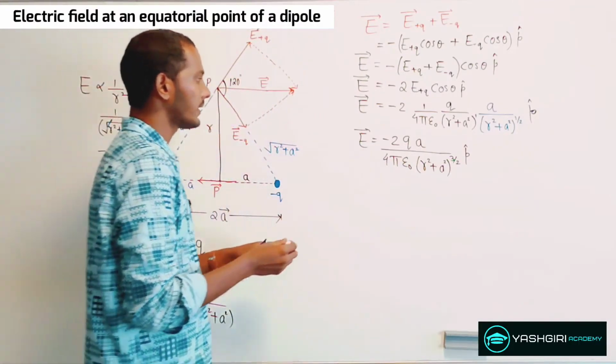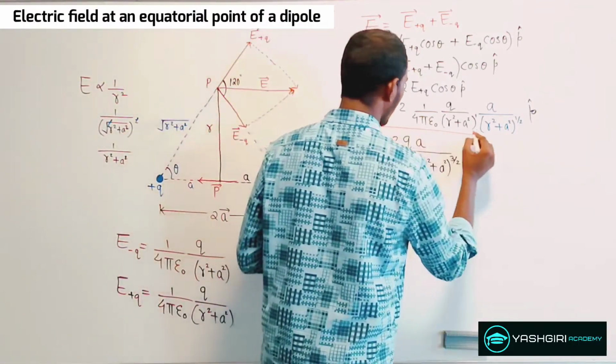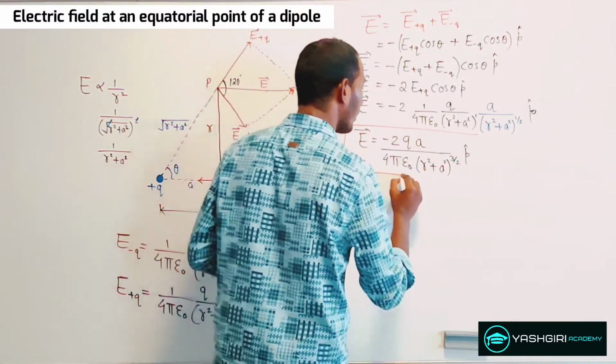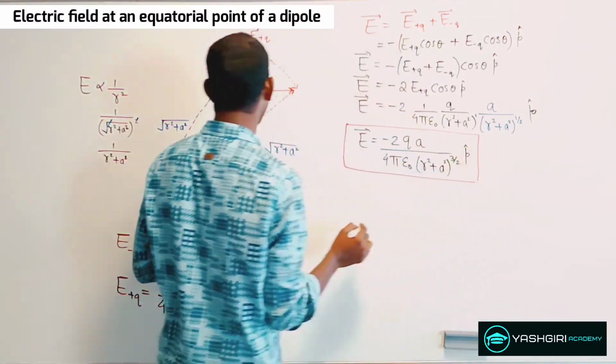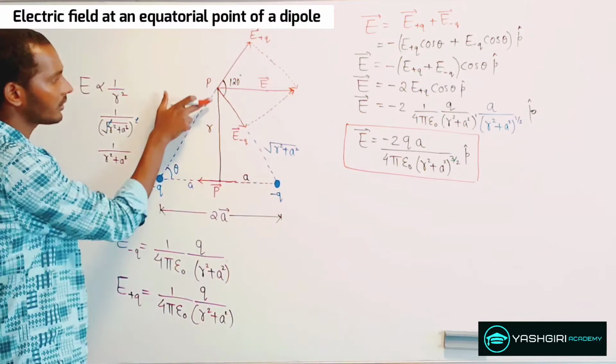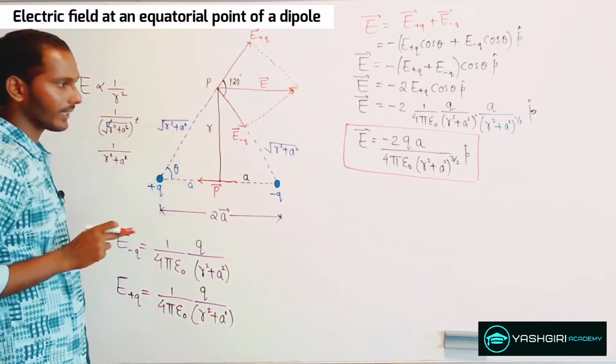So this is the expression to calculate the electric field at a point P on the equatorial line. At any point on this equatorial line, you can get it.